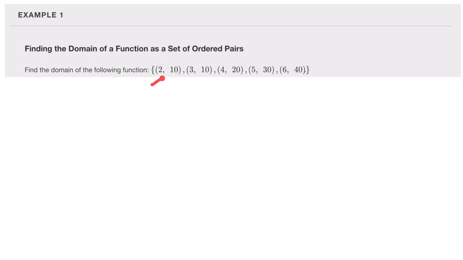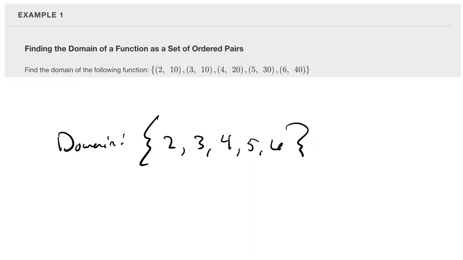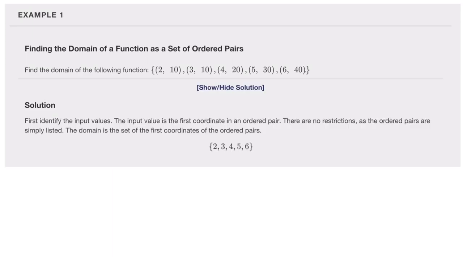We have 2, 3, 4, 5, 6. So our domain in this case would be the set 2, 3, 4, 5, and 6. Okay, so I think we got that one.